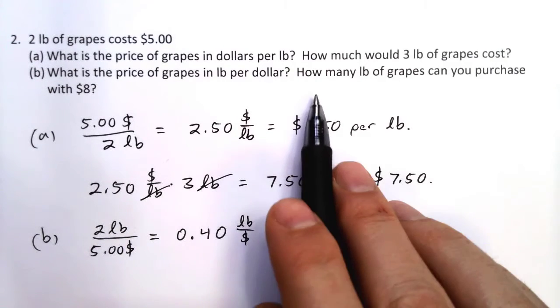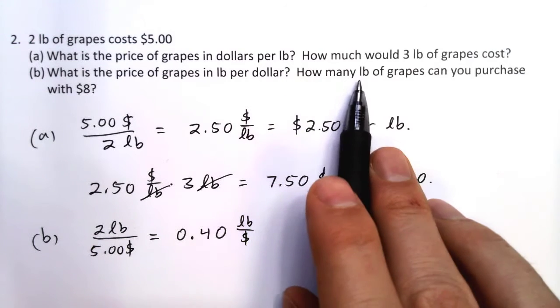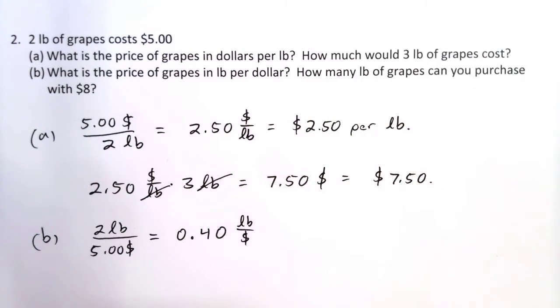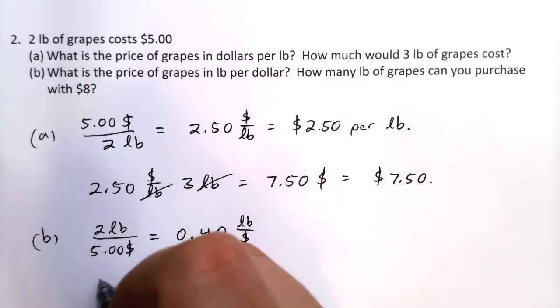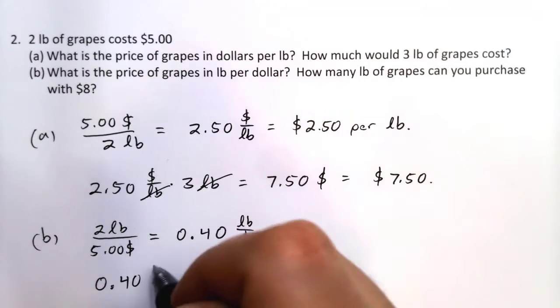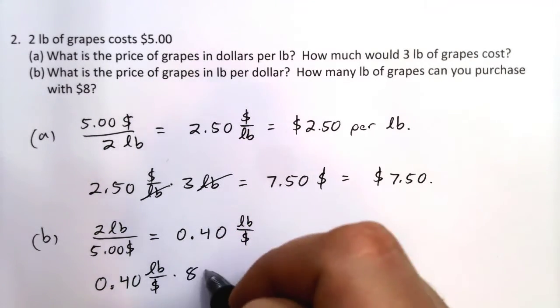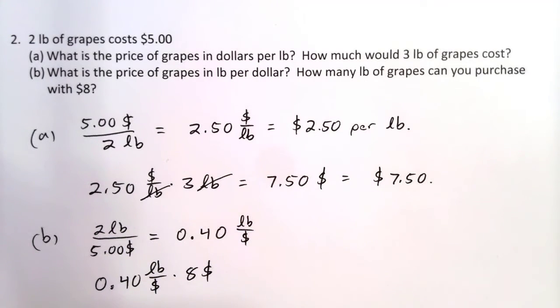Okay, let's look at the second part of the problem. How many pounds of grapes can you purchase with $8? Well, if they're going at 0.4 pounds per dollar, and I want to find out how much I can purchase with $8, I'll multiply this by 8. $8 to be exact.